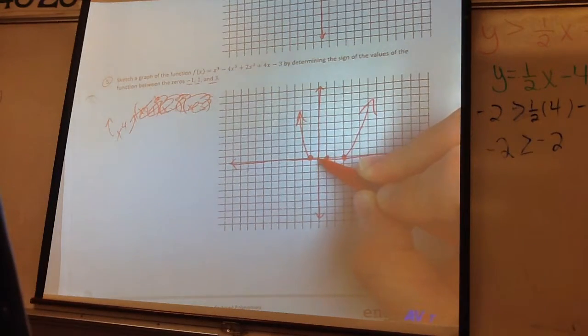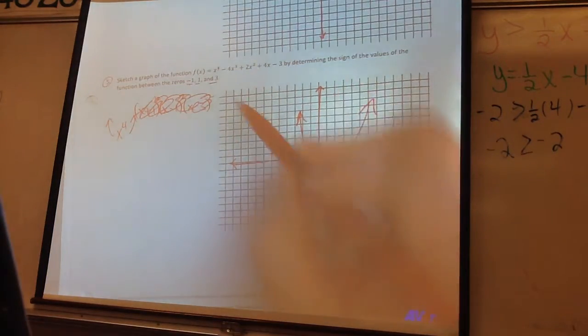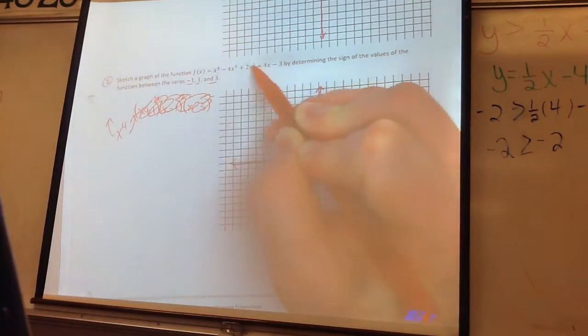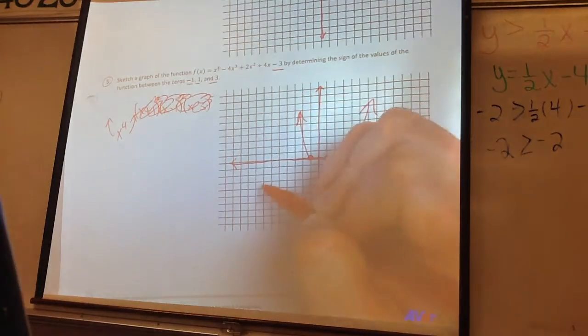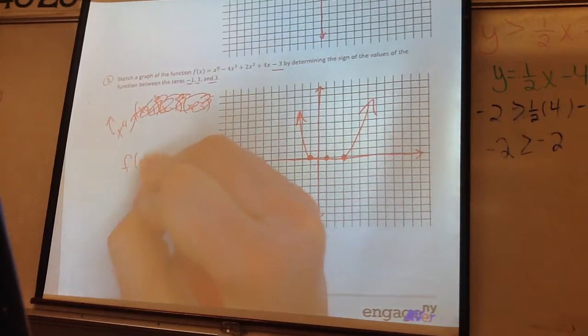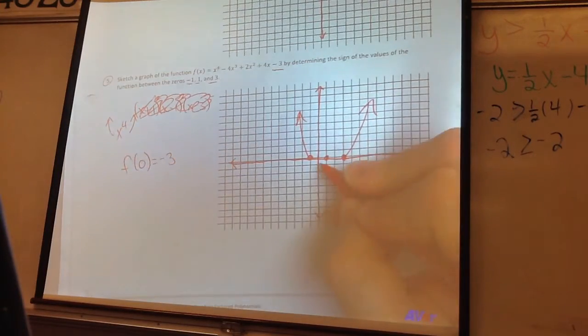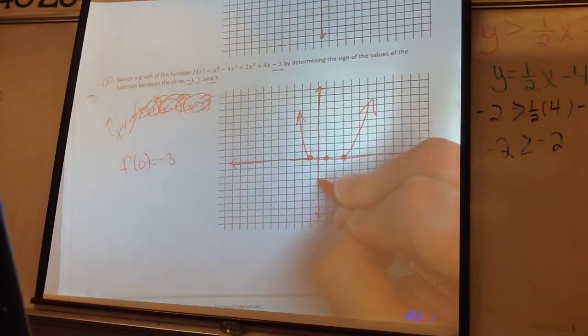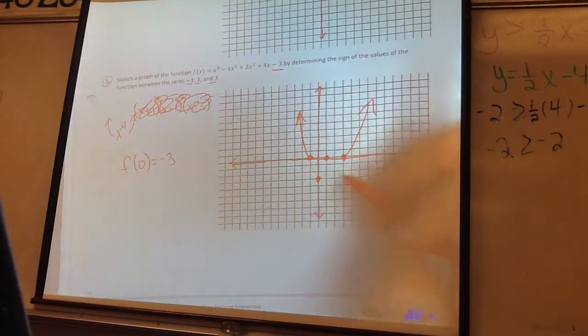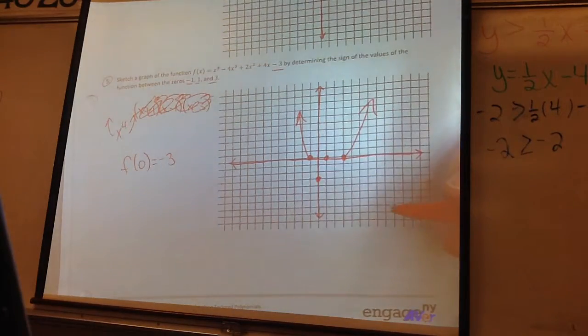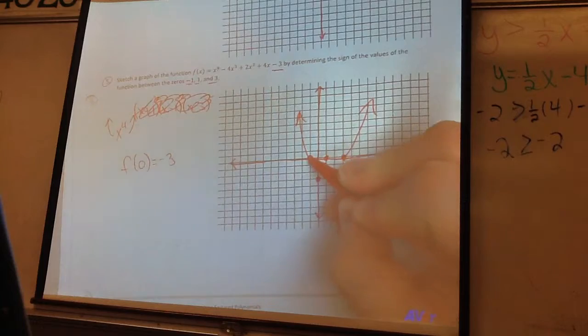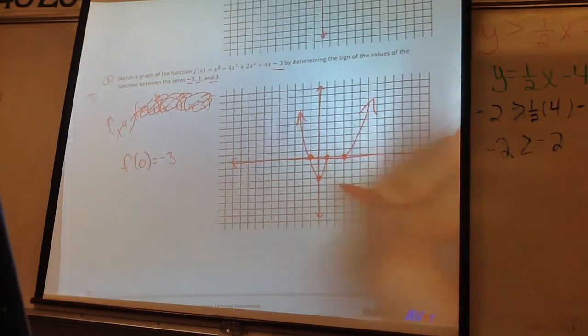If we plug in 0 for x, won't that tell us whether to bounce off or go down here? F of 0 equals -3. We might as well just put the actual point on the graph. Now do we know? It goes through and comes up.